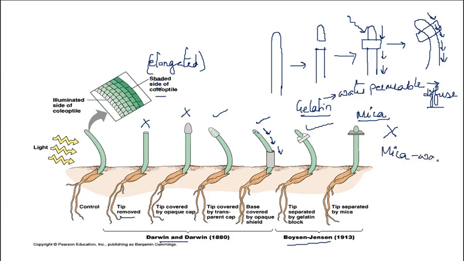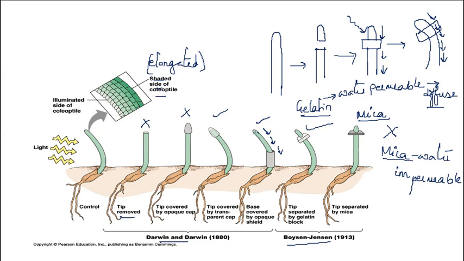Now another experiment was carried out by Boysen and Jensen. They have taken two separate materials. In the first experiment they have taken gelatin. In the second experiment they have taken mica. When they took gelatin, they took the coleoptile and cut the tip of the coleoptile, they decapitated it.